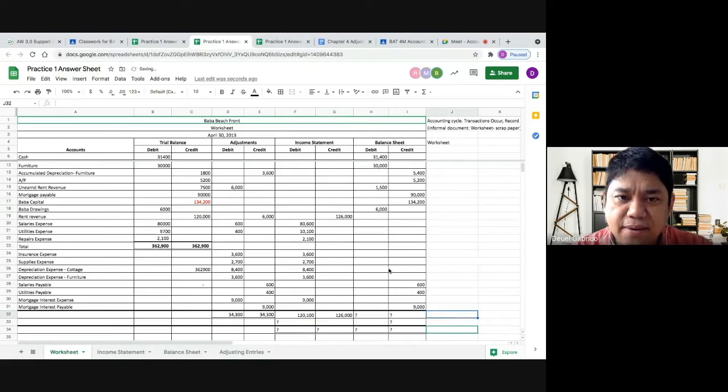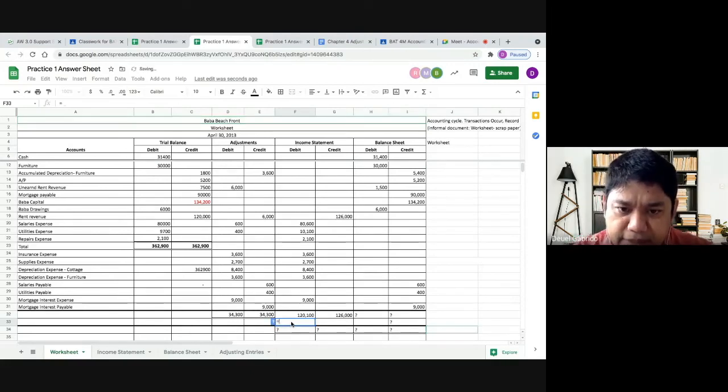126,000. And then afterwards, we need to, right, 6,000, 6,000. So how much is the net income? Equals this minus this.